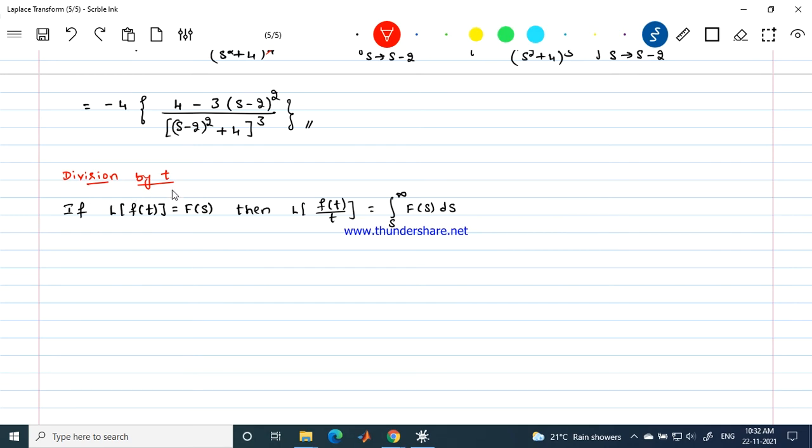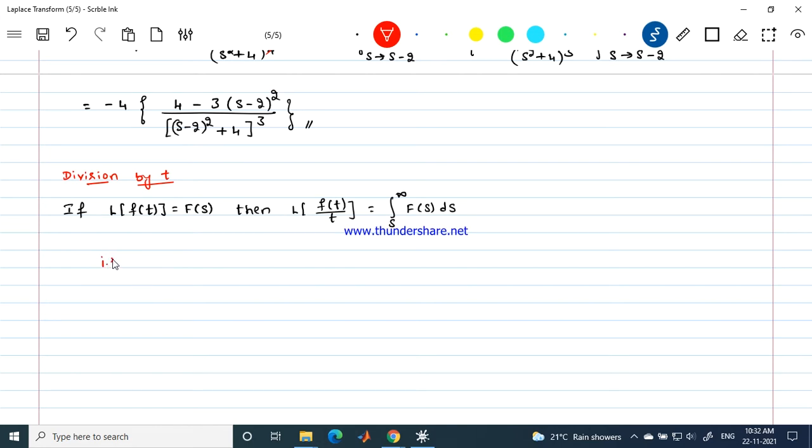Division by t. It says if the Laplace transform of f of t equals F of s, then the Laplace transform of this function divided by t is equal to the integration from s to infinity of F of s ds.